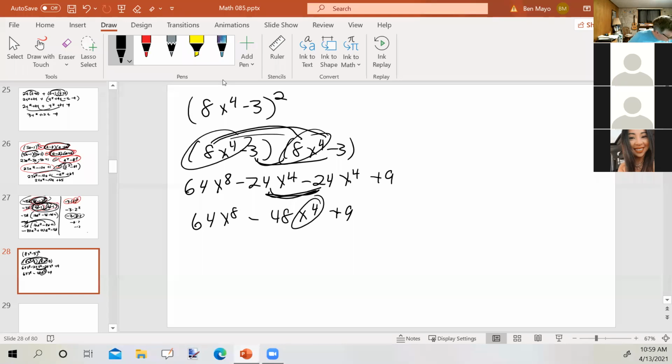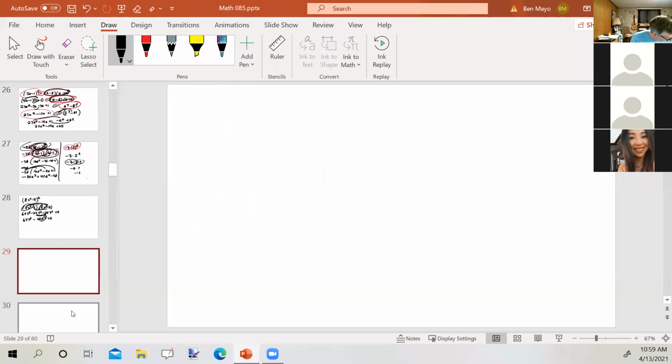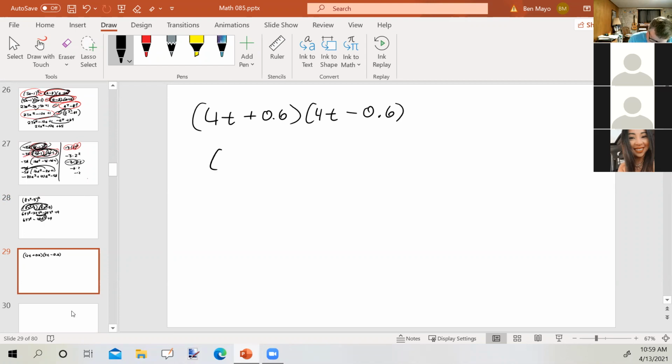Okay, let's see here. 4t plus 0.6 times 4t minus 0.6. So if I use the shortcut, this is the difference of two squares.